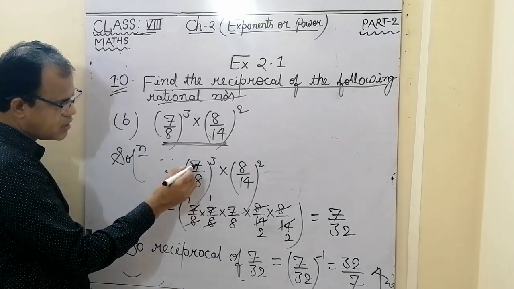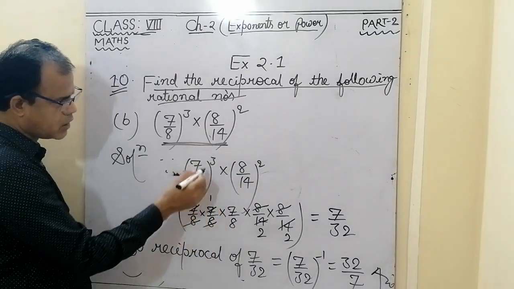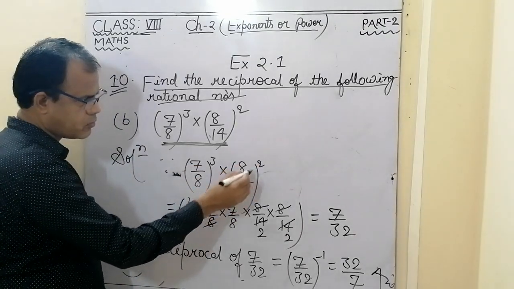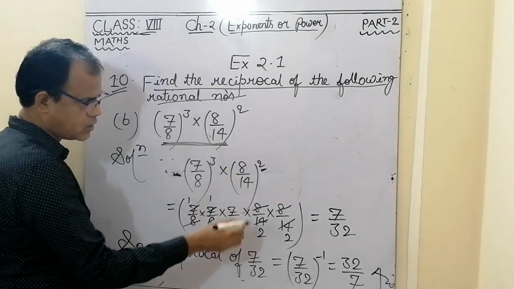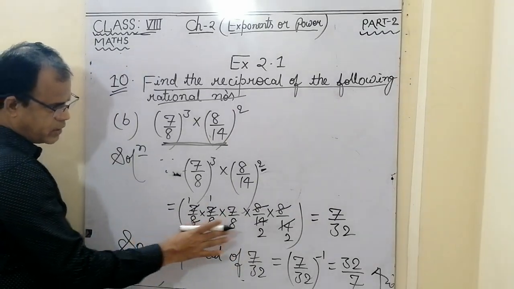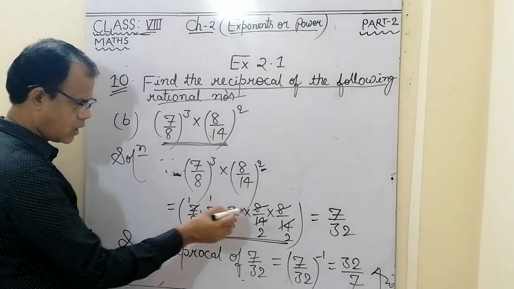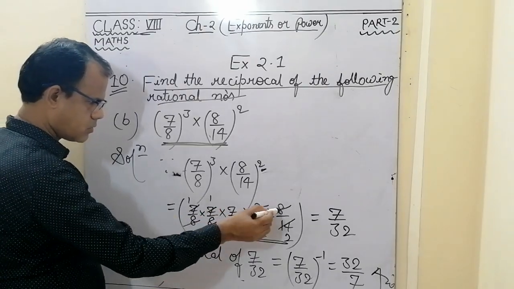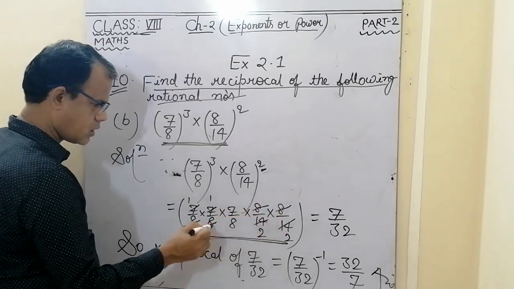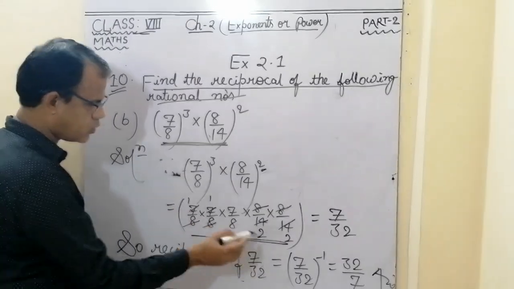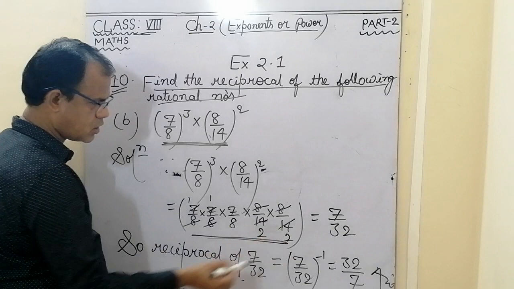So we write here 7 by 8 three times because the power is 3, and 8 by 14 two times because the power is 2. So we write it in expanded form, and we cancel the numerator 8 and the denominator 8. 7 ones are 7, 7 twos are 14, 7 ones are 7, 7 twos are 14.